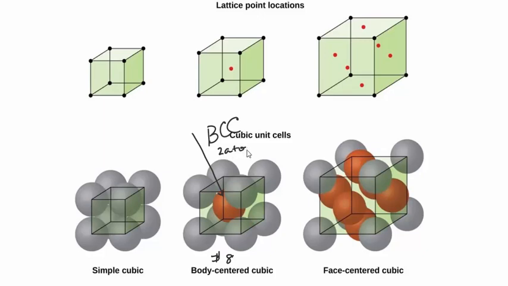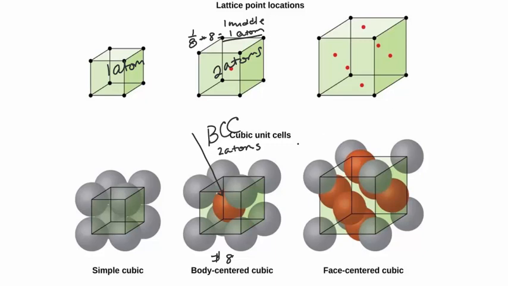Some metals that form the body-centered cubic solid include potassium, barium, chromium, molybdenum, tungsten, and iron.